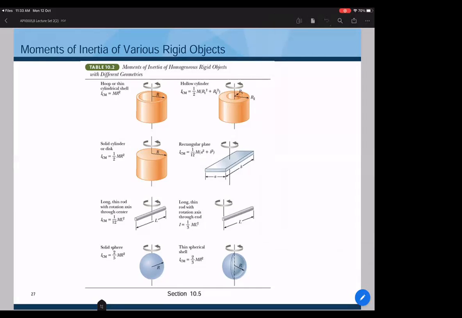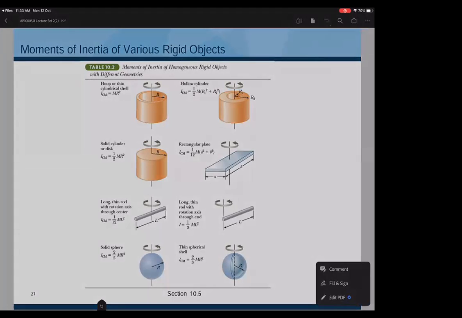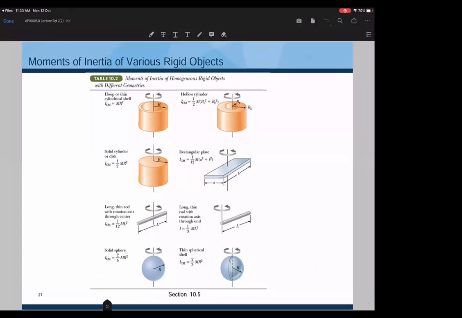Okay, this one. If you have rotation about an axis that goes through the center of mass, like this one, it has a relation with another rotation about another axis that is parallel to the original axis of rotation. So these two are parallel.